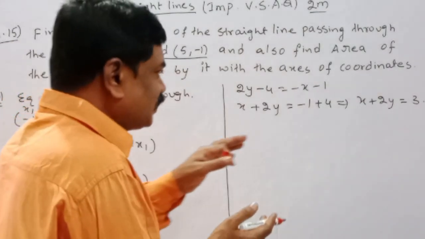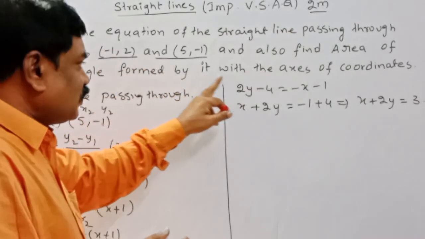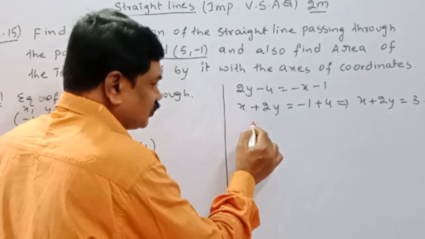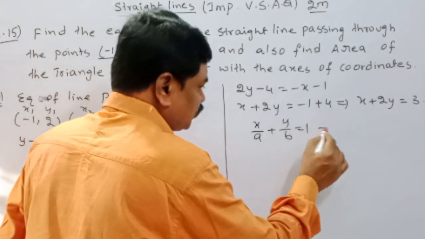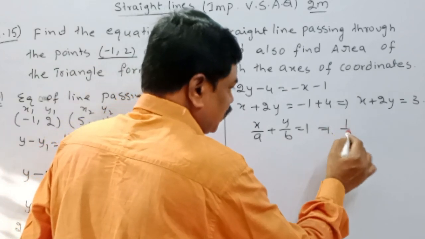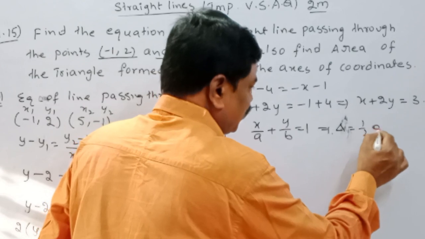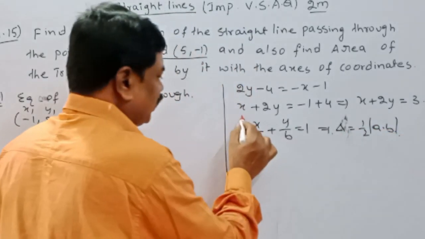We have to find the area of the triangle formed by it with the coordinate axes. You can convert it into x by a plus y by b is equal to 1. Then the area of the triangle delta is equal to 1 by 2 into mod AB.